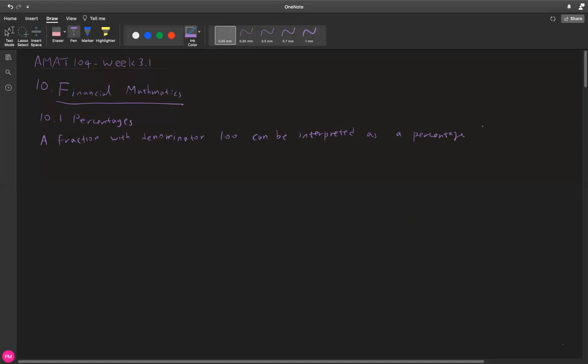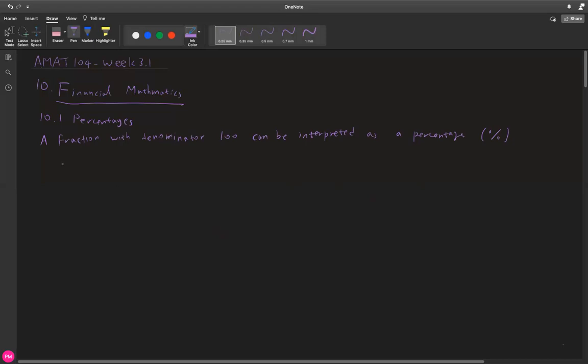And the percentage symbol is, as we all know, something we've already been using. It is used to indicate that there is a hidden denominator of 100.